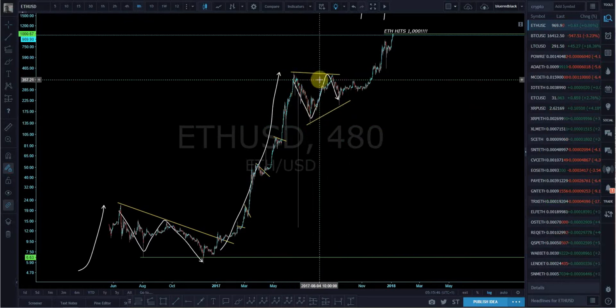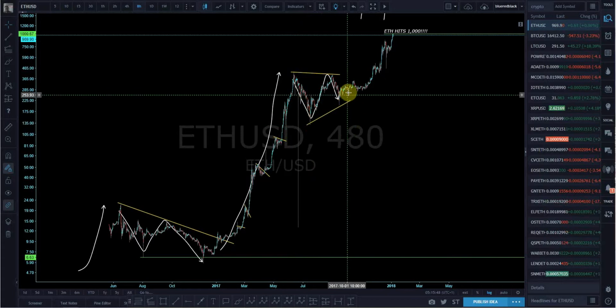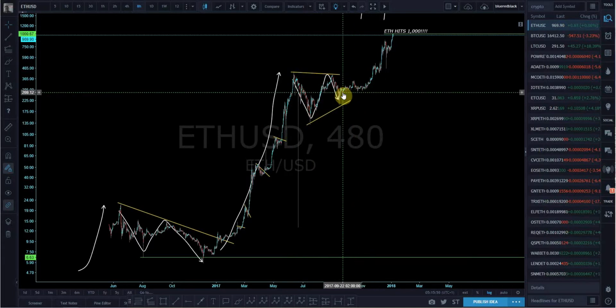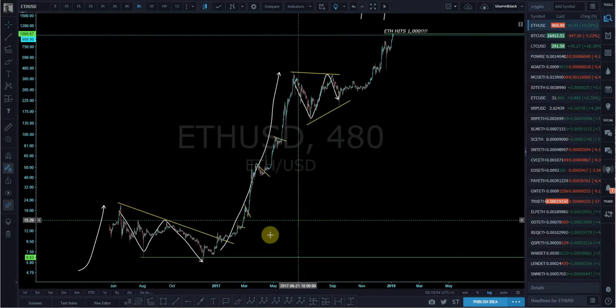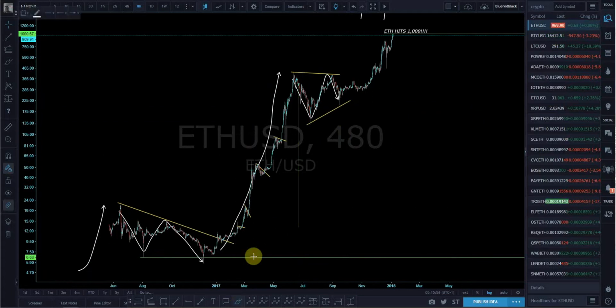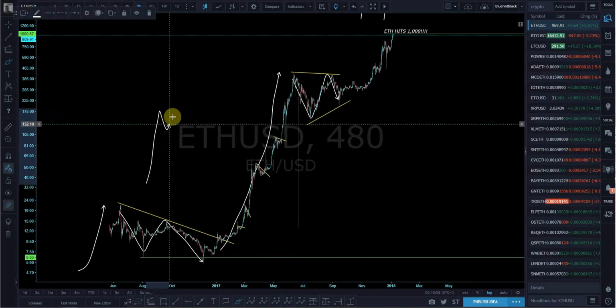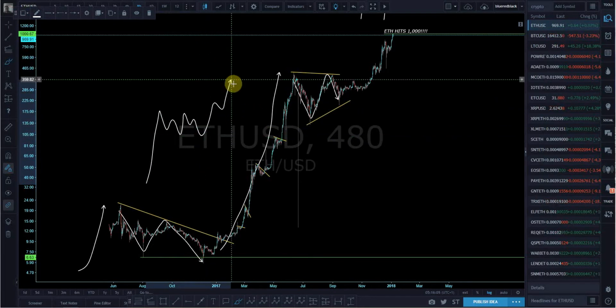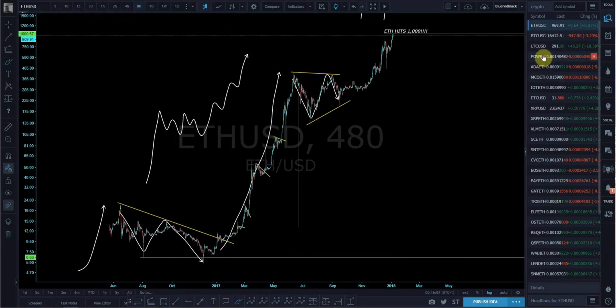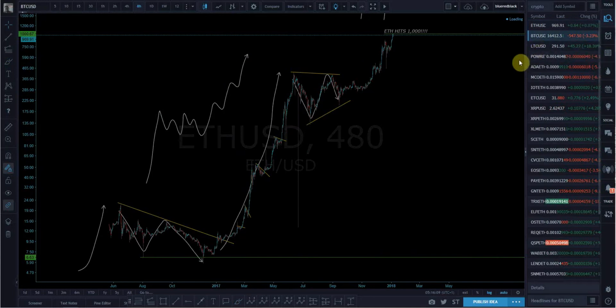So you have an A, B, C. I thought this was going to be a triangle, but it didn't. So you'll be wrong sometimes, but the point is to notice that if you have a move up and some type of correction, odds are, 90% of the time it's going to happen again. So that's Ether. Let's take a look at all the majors real quick.